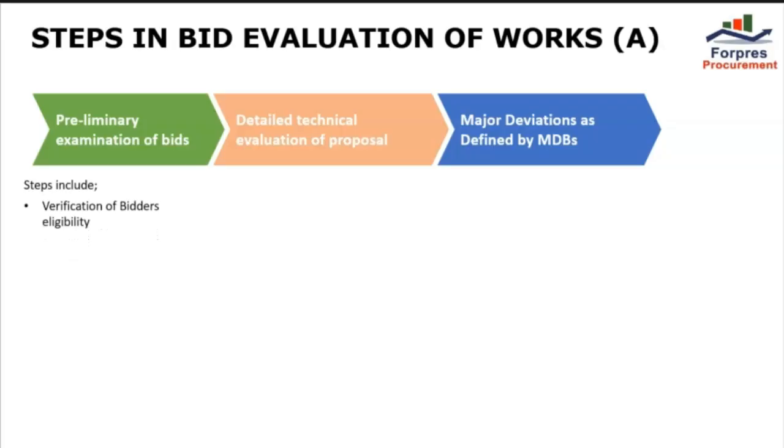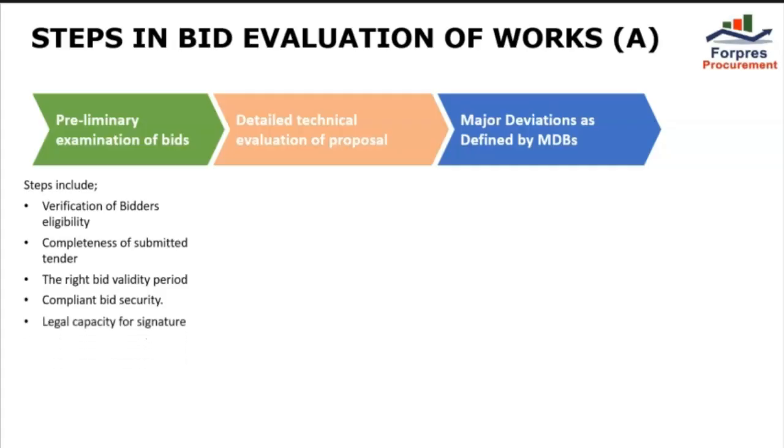Here, the steps consist of number 1, verification of bidders' eligibility, completeness of the submitted tender, the right bid validity period, compliant bid security or bid securing declaration, legal capacity for signature to the bid, absence of a court conviction for offenses related to taxation laws, labor or environmental laws, as well as other administrative conditions stipulated in the bidding document.